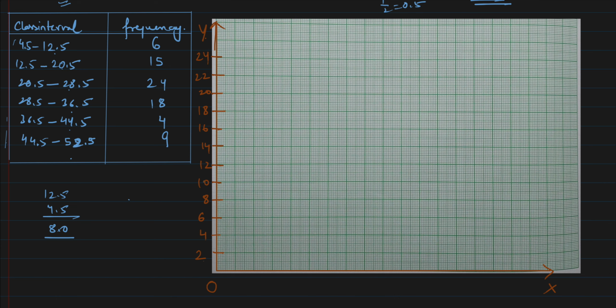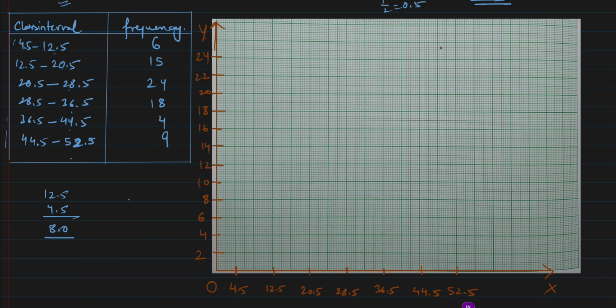Right. Now for the x-axis, it's 4.5, 12.5, goes on like that. There is a little space over here for me to write. So I'm taking 4.5 here, and then 12.5 I'm keeping here. Okay, students. And 20.5 here, 28.5 here, 36.5, and then 44.5, and then it is 52.5.